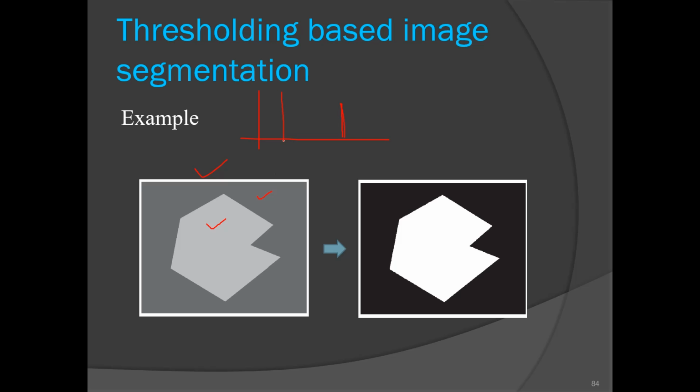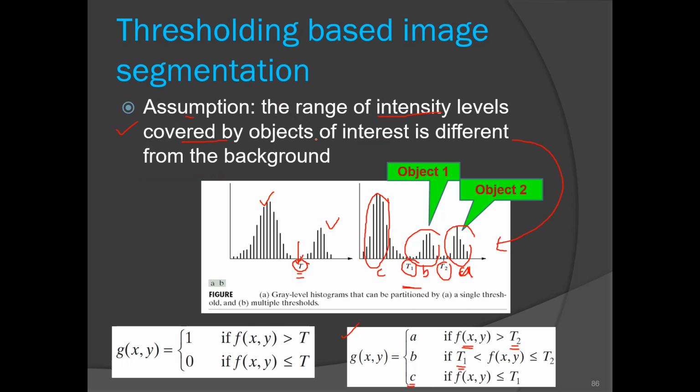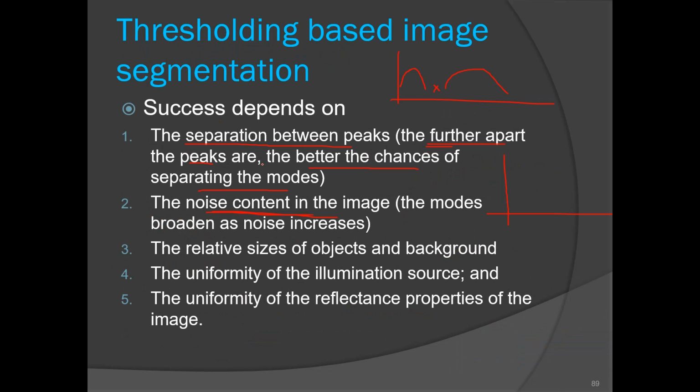But what if we introduce noise in this image? Then it will start broadening your modes, and ultimately if the noise is too much, the modes will start overlapping. Then you cannot determine the value of the threshold accurately. That is how noise affects thresholding.